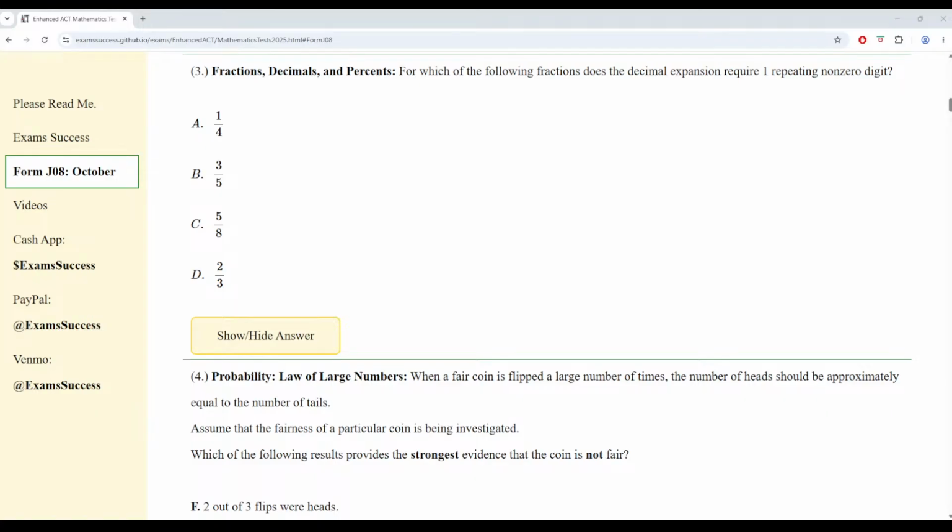It says, for which of the following fractions does the decimal expansion require one repeating non-zero digit?